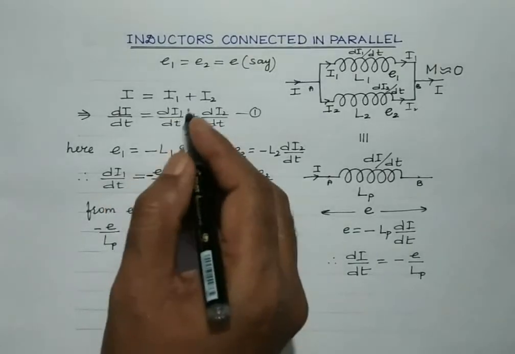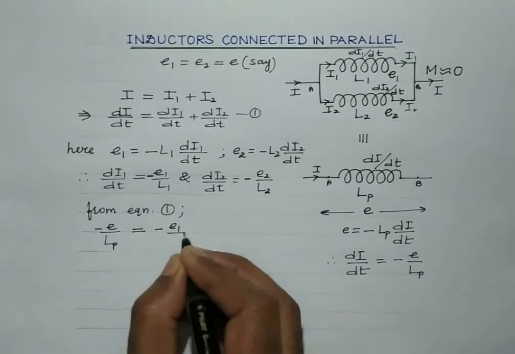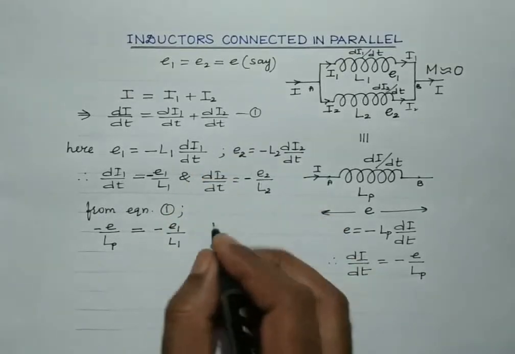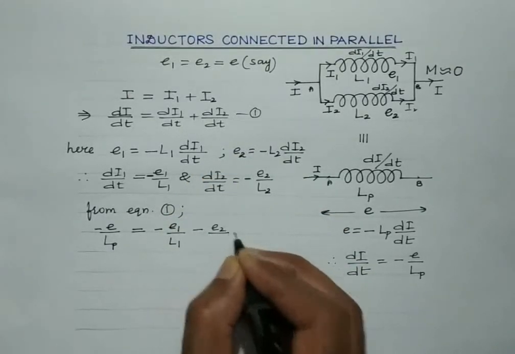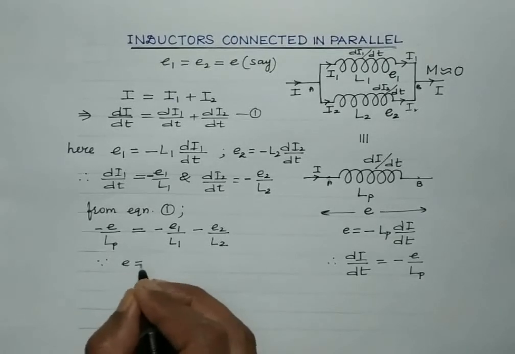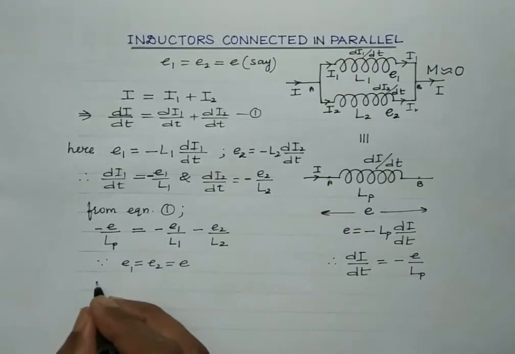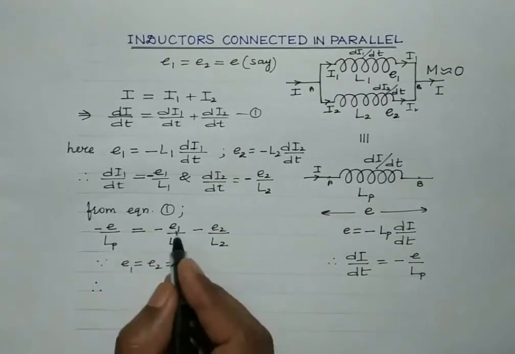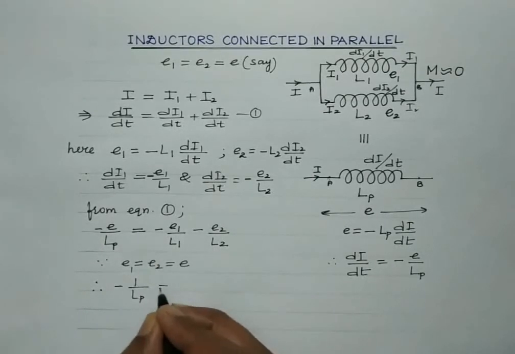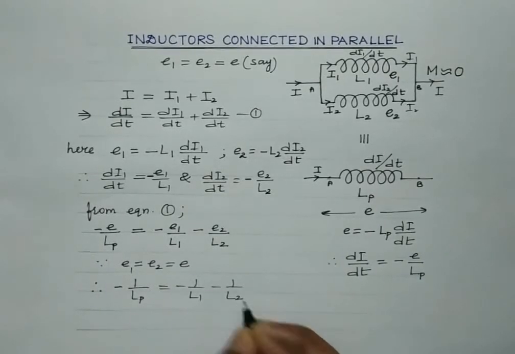It is equal to di1 by dt, which is minus E1 by L1, and di2 by dt, which is minus E2 by L2. Now since E1 is equal to E2 is equal to E, therefore what we get is minus 1 by LP is equal to minus 1 by L1 minus 1 by L2.